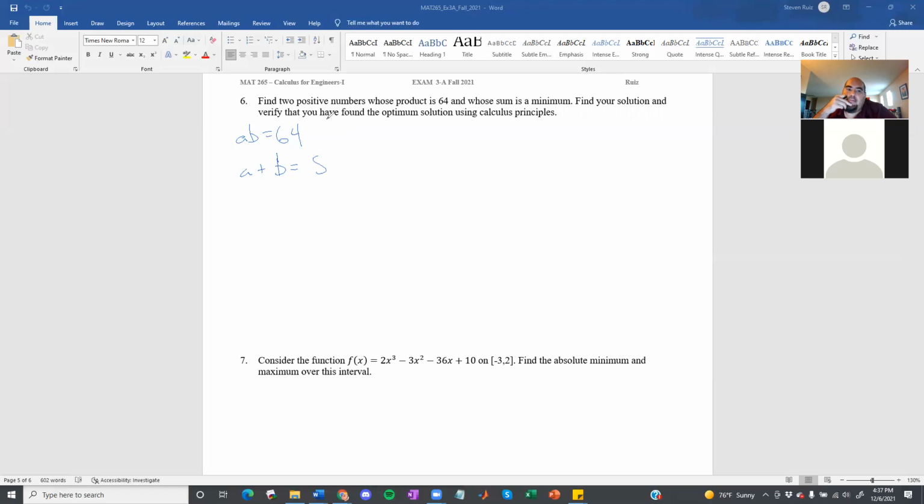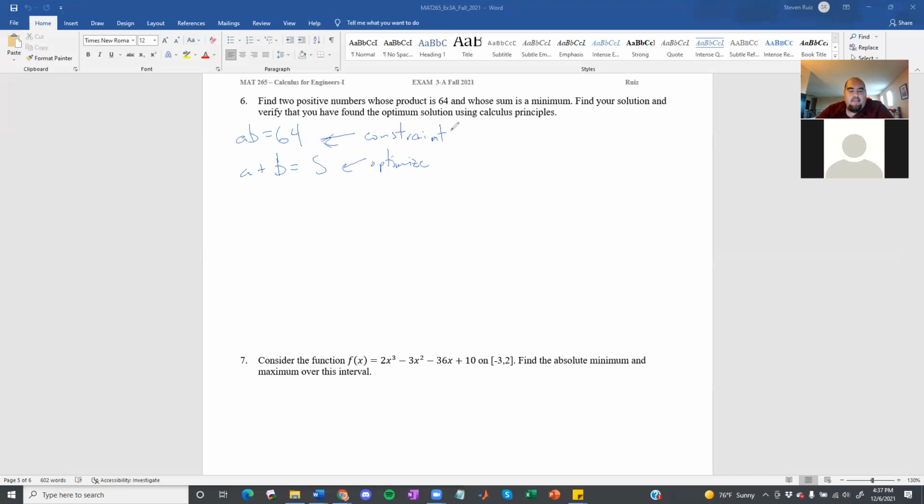It's the A plus B equals S, right? Right. So I'm trying to optimize this by getting the minimum possible. And this right here is my constraint. But since you have both of these, now what?